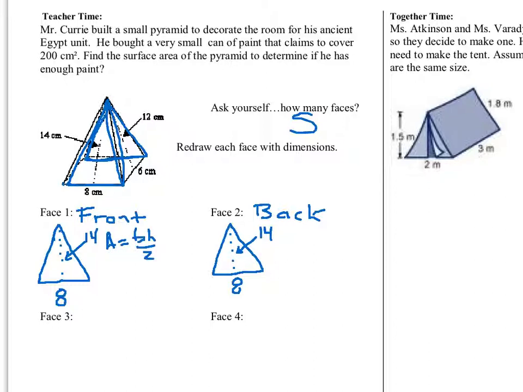Area equals base times height divided by 2, so A equals 14 times 8 divided by 2, which is 56.